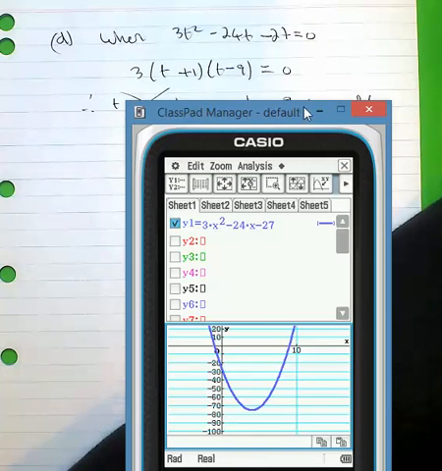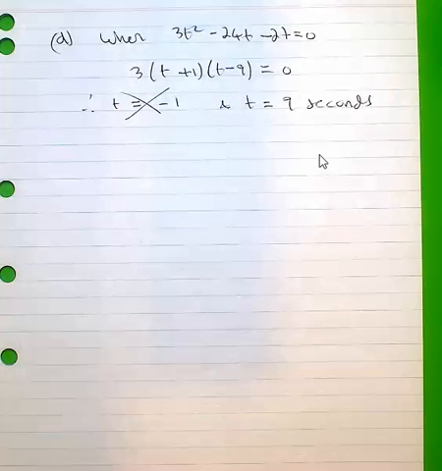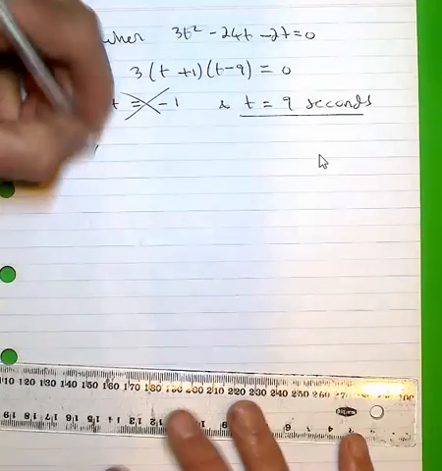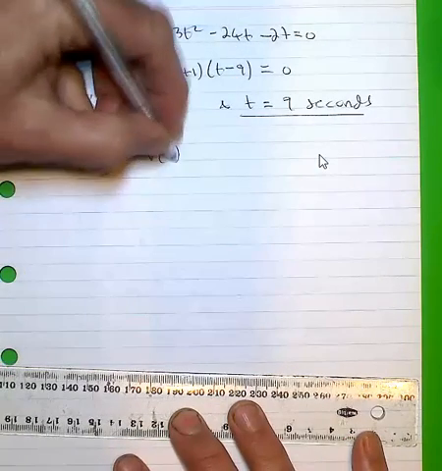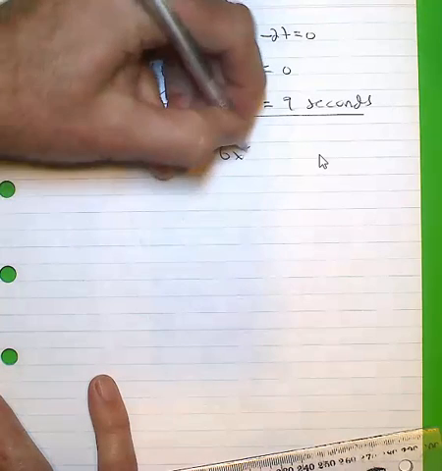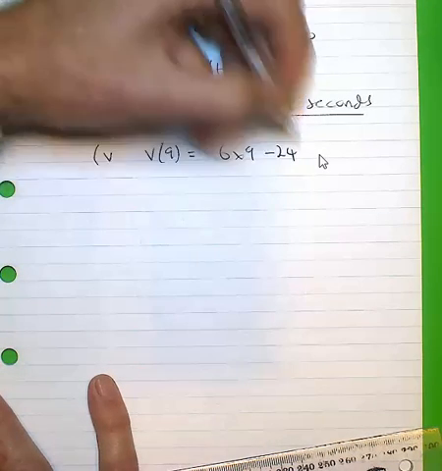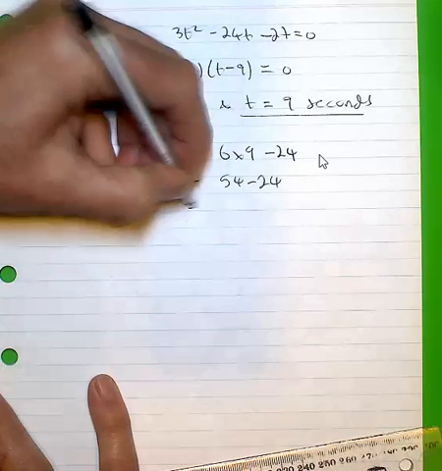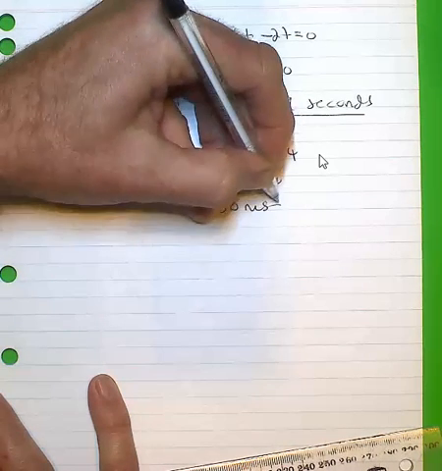So the time we want is 9, and we'll find the velocity at 9. In this instance, that is equal to 6 times 9, take 24, 54, take 24, which is 30 metres per second.